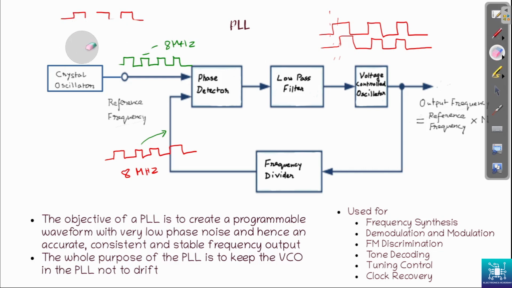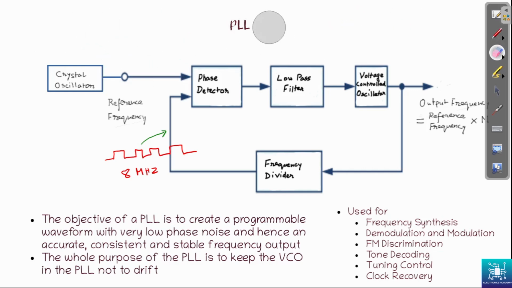So this wave, because of changing frequency, might go something like this. Of course, we are assuming that these cycles are of equal length. Maybe the drawing is not depicting that, but that's how it is. So how do we bring this waveform back to be exactly in step with this one, same frequency, same phase, is the job of the PLL.